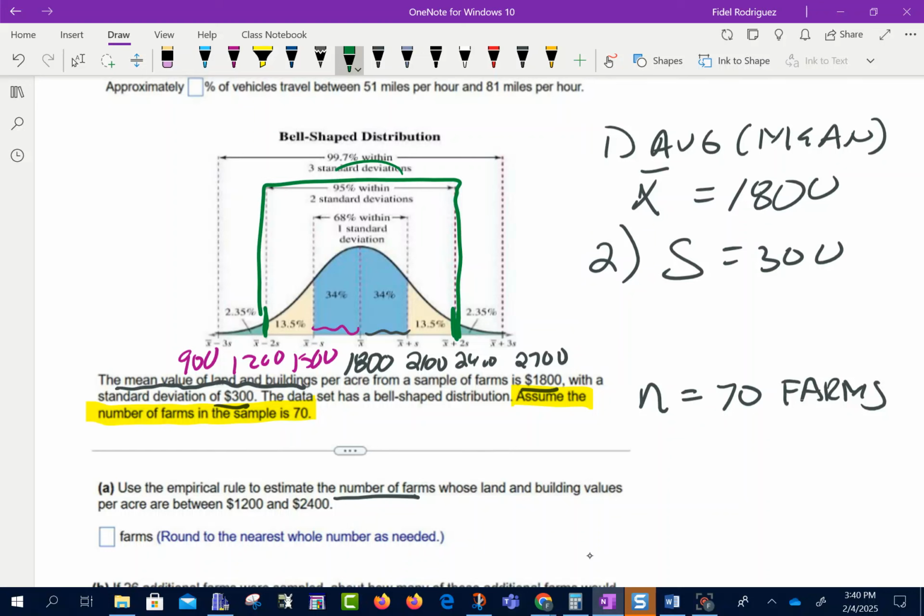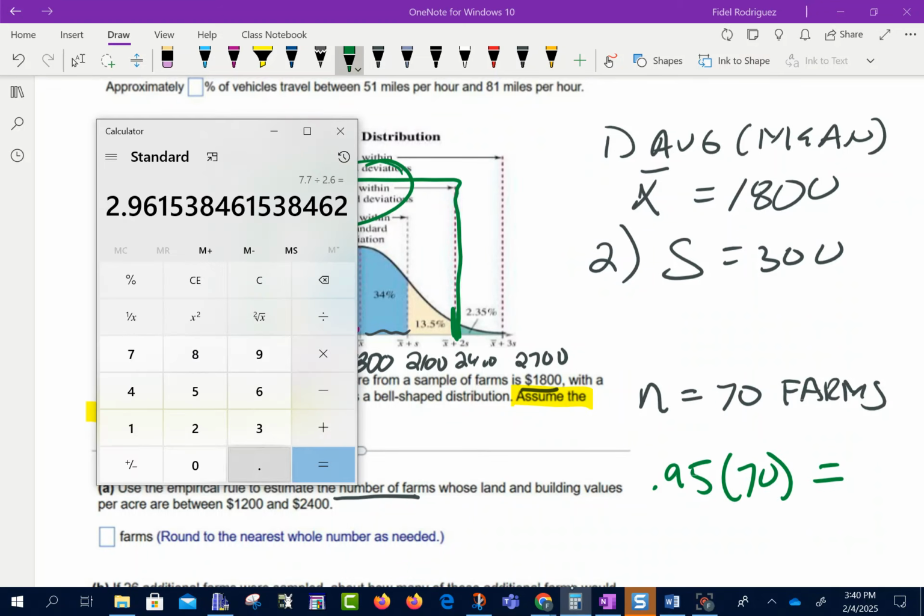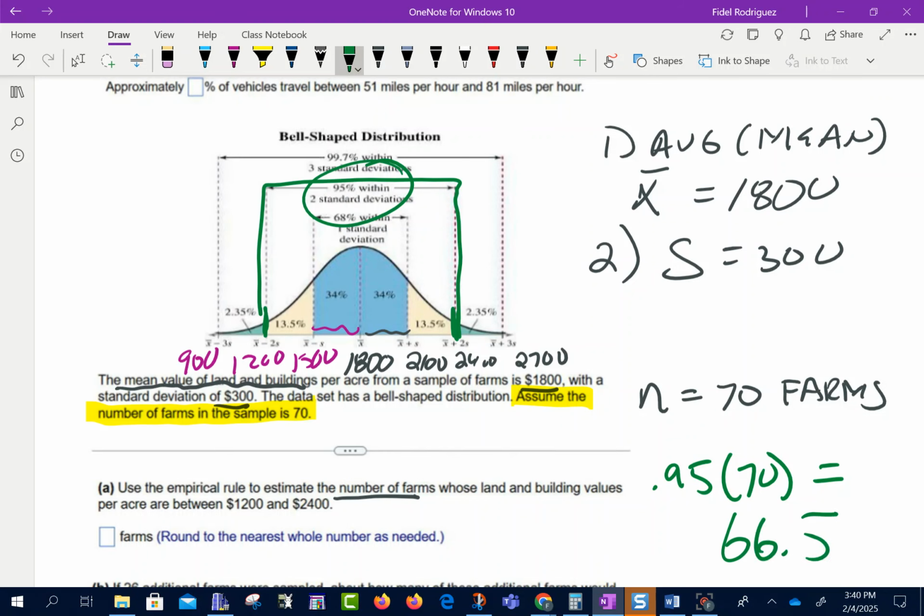Everything in this range represents 95%. So 95% as a decimal, y'all, is 0.95. So I'm going to write a 0.95. We're going to multiply that by the number of farms, which was 70. So 0.95 times 70, that's giving me 66.5. But they are asking us to round to the nearest whole number. So, y'all, right here, I would say that's 66 farms.